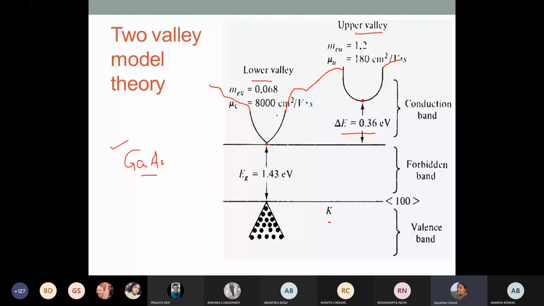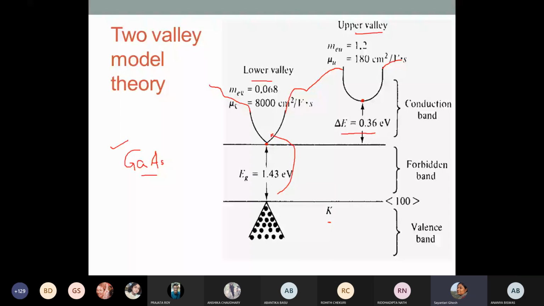Now, as the electrons have more and more energy, they can jump from the valence band to the conduction band, that we know, right? The electrons with enough energy to cross the forbidden gap, that is the band gap, will jump and reach this bottom valley at first.